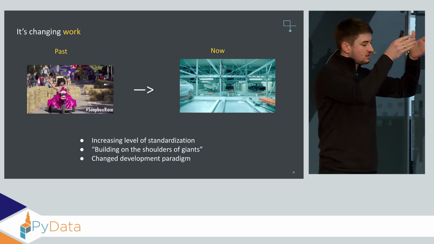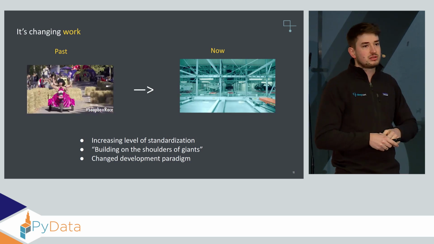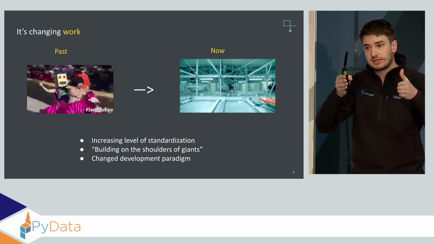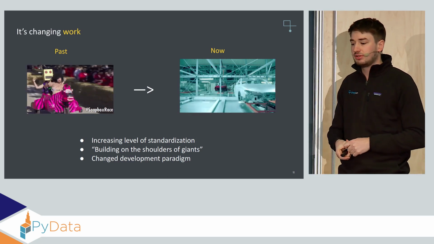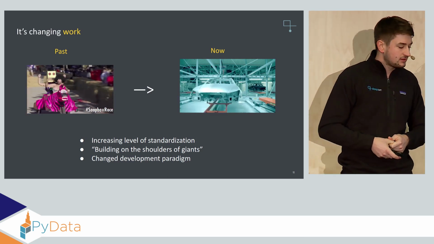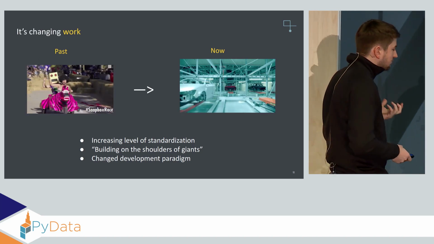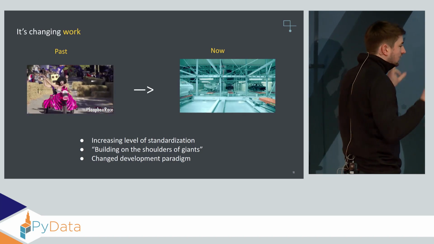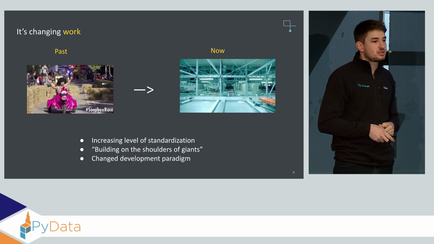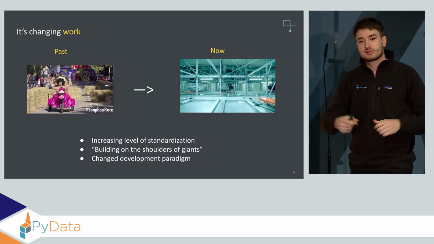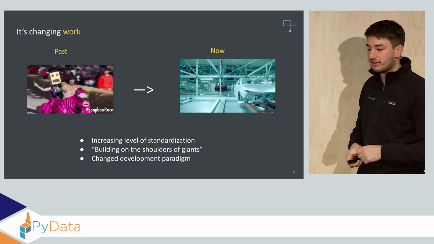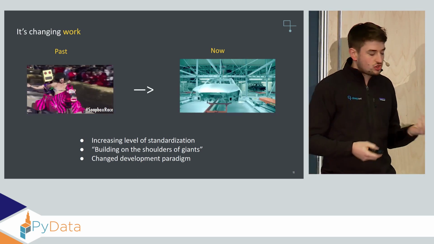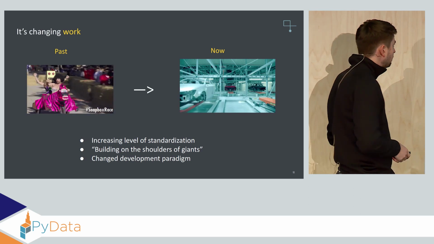We go from these individual models, individual silos for each particular task, to a more standardized way of applying NLP and training models. And I think this is pretty much described by building on the shoulders of giants. You take these big pre-trained models and apply or fine-tune them for your particular domain. And this changes the whole style of working.